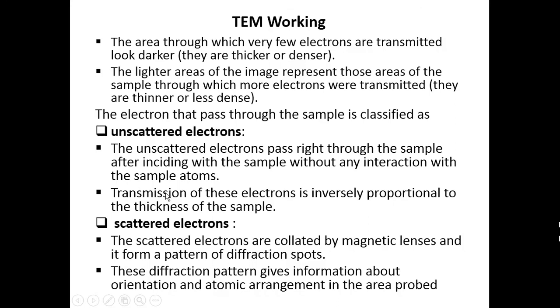The transmission of these electrons is inversely proportional to the thickness of the sample. So how many electron beams pass through a particular sample depends upon the thickness of the sample, as far as unscattered electrons are concerned.